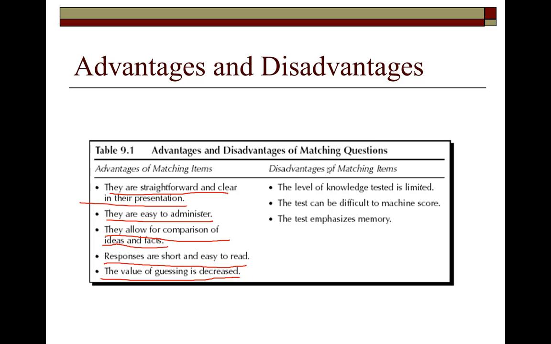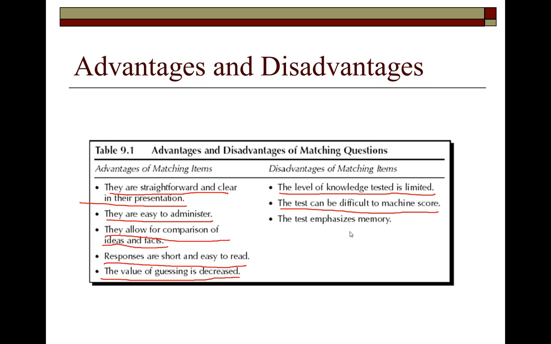Now, on the minus side, your level of knowledge testing is limited. You're kind of left with just facts, and they can memorize those things. There's not a whole lot of deep thought in a matching question. The test can be difficult to machine score.